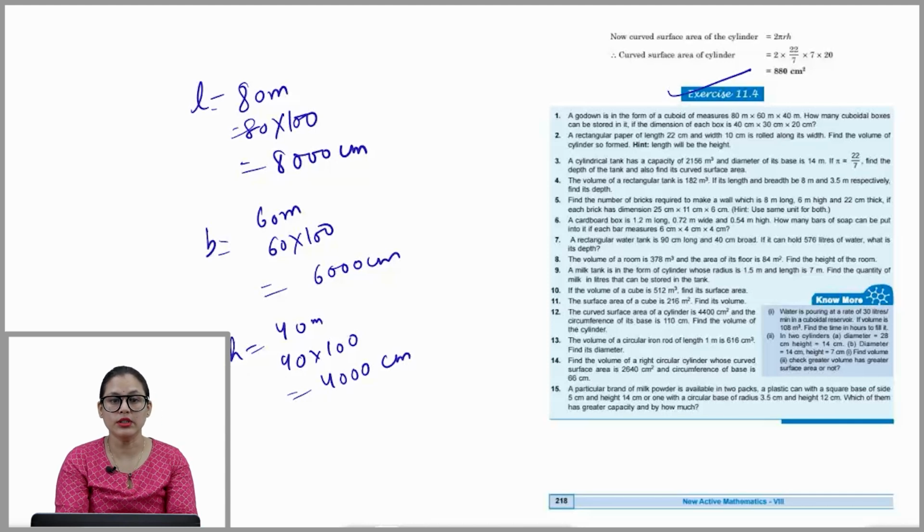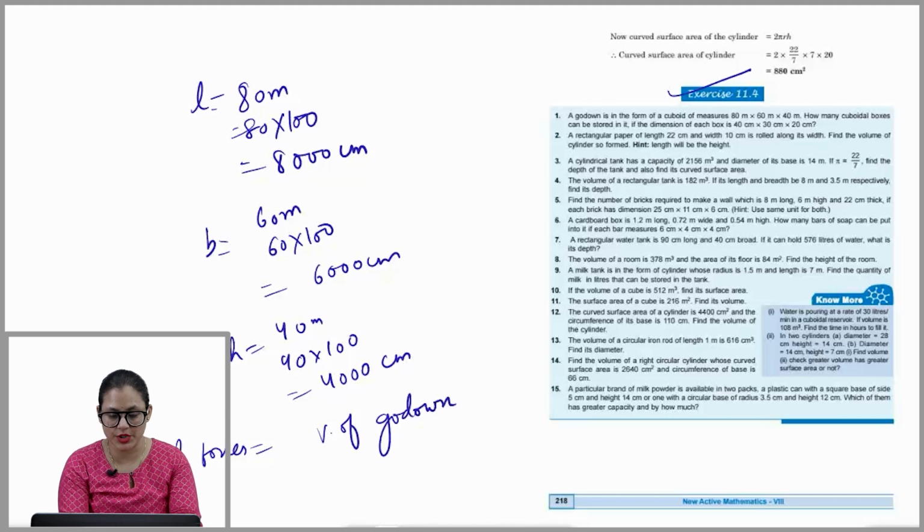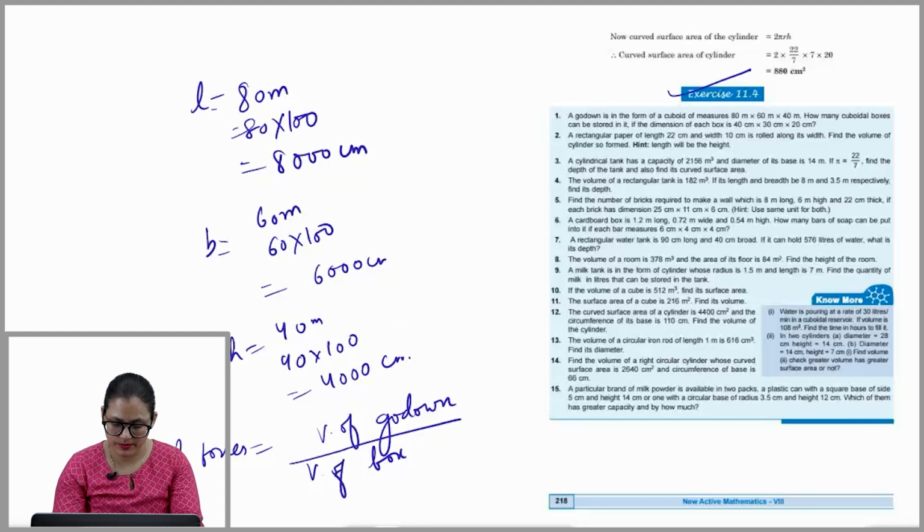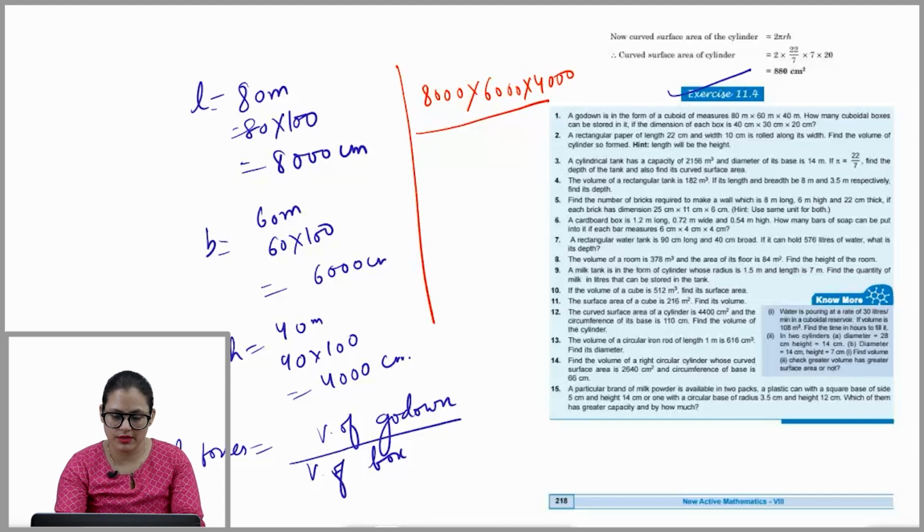We have to find out how many cuboidal boxes. So number of boxes is equal to what? Volume of godown, which is in cuboidal shape, upon volume of box. Volume of godown is 8000 into 6000 into 4000 upon volume of box, and the dimensions 40 into 30 into 20.